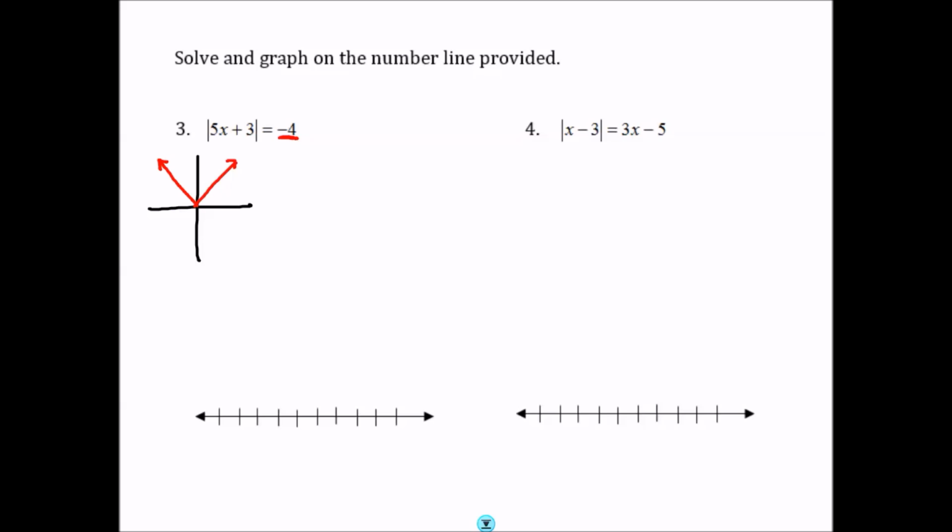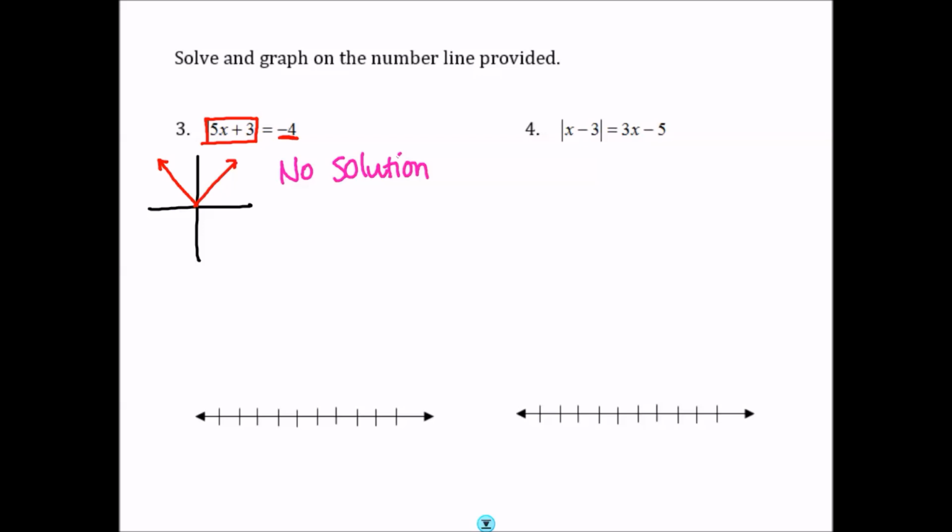If you have first isolated the absolute value, and you have that an absolute value equals a negative number, the answer is no solution. Because there's no way you can get an absolute value to equal a negative number.